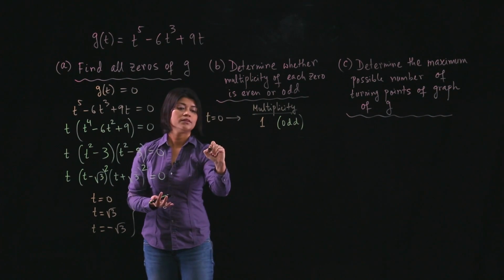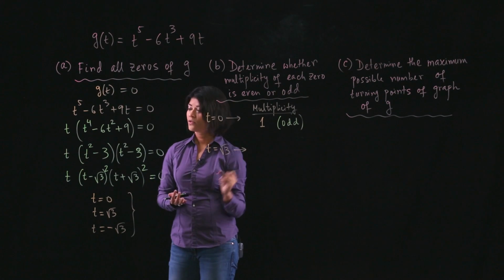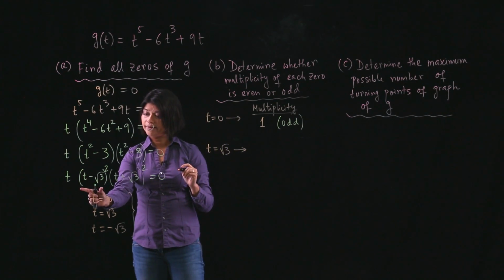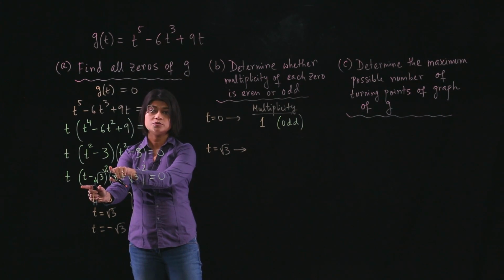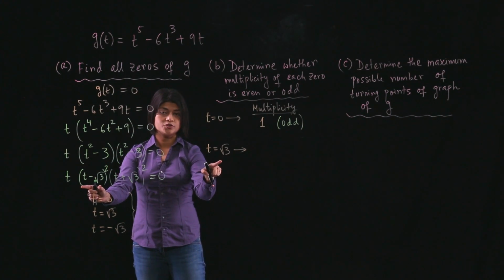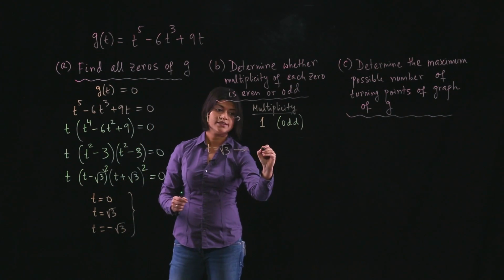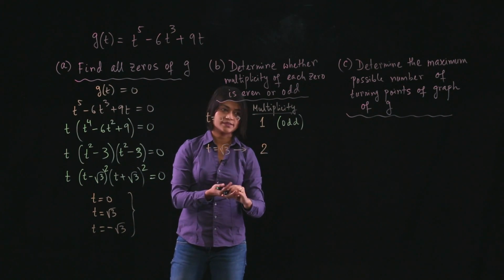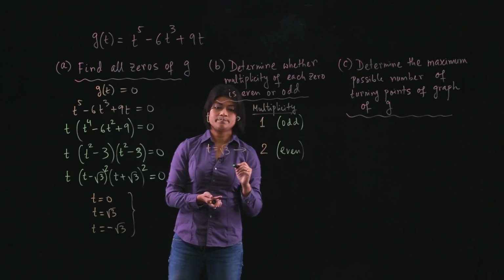All right. Next, let's pick t equals square root of 3. If you look at this factor again, the t minus square root of 3 has a power 2, which means that factor appears twice. So the multiplicity is 2, which means it has an even multiplicity.